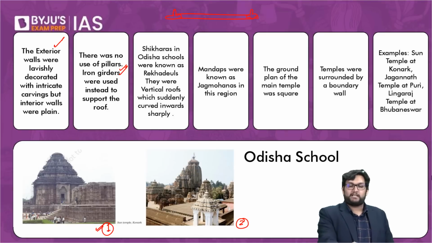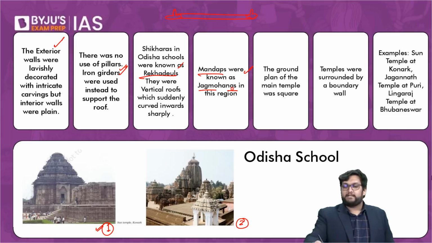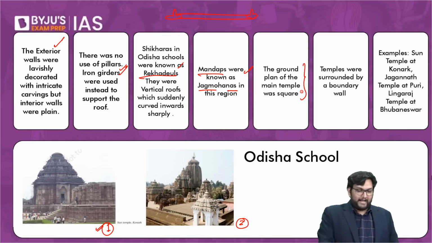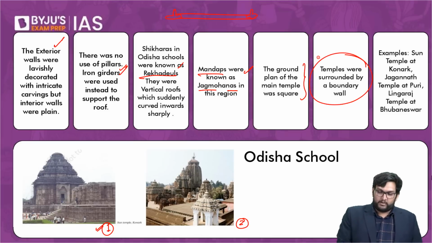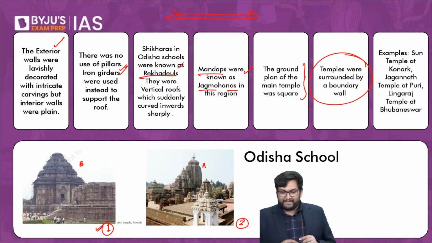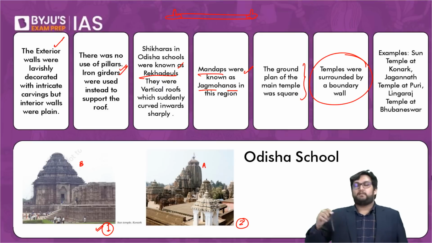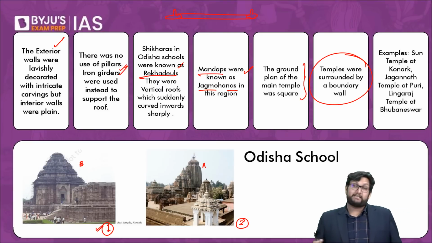The word shikhar becomes rekhadul, and the word mandapa becomes jagmohan, and therefore the ground plan remains the same. It is having a boundary wall. And you tell me, which is the Latina one? Why is it called Odisha school? Let me know. Because when we look at it, which one is the Latina? Very good.